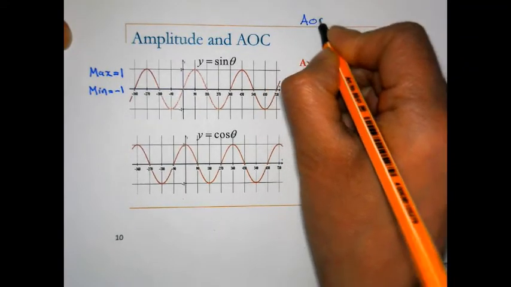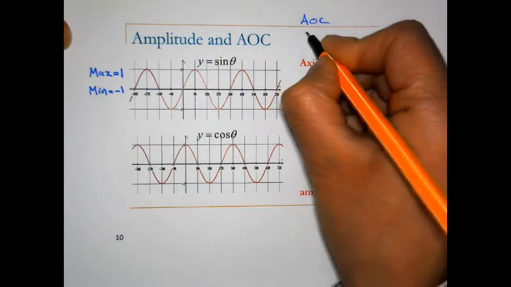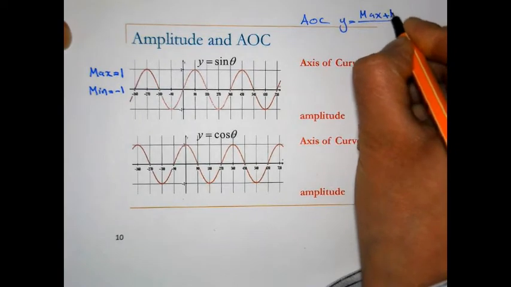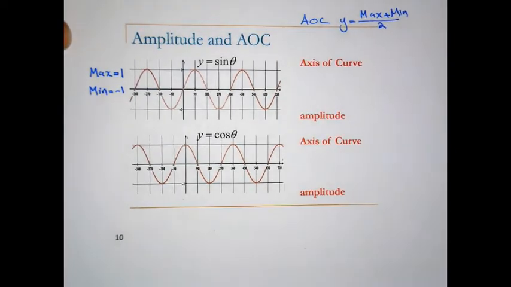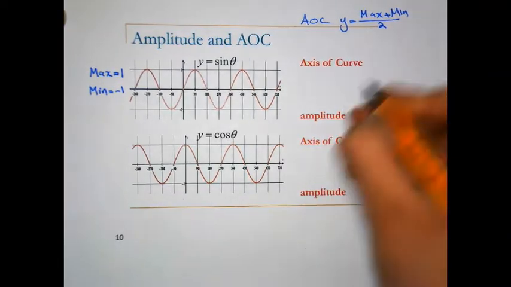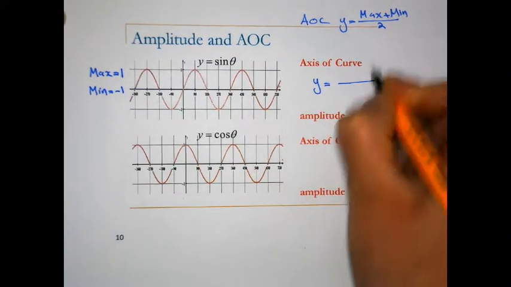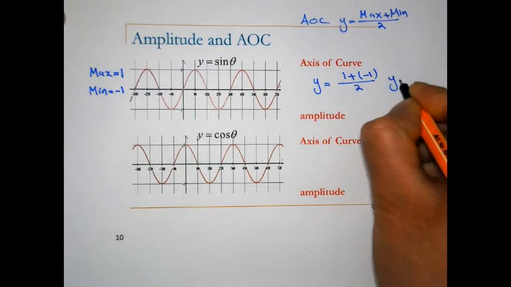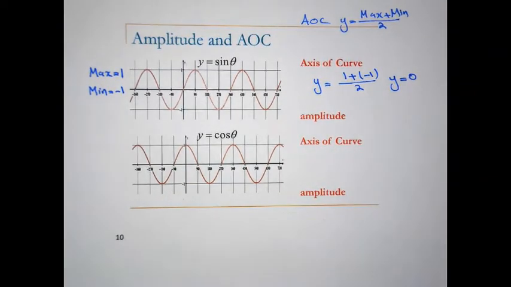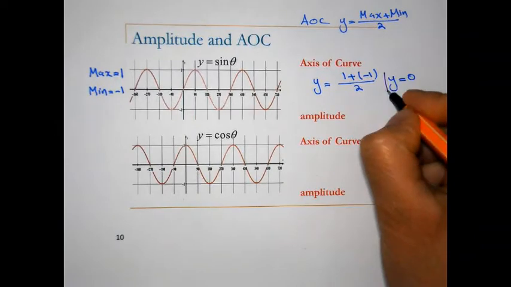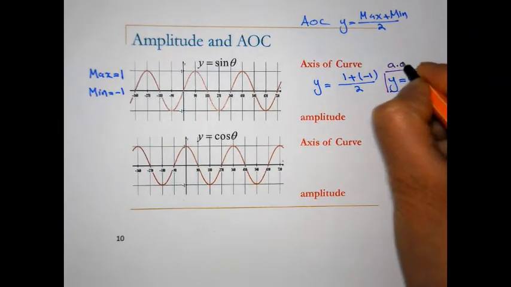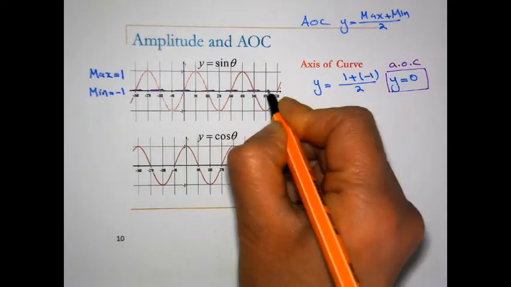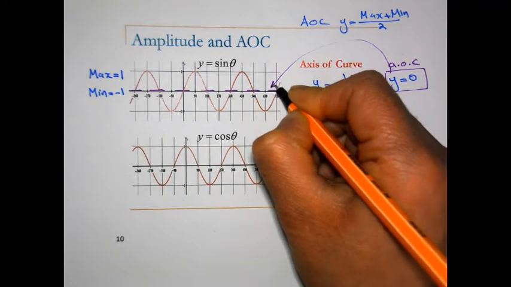Axis of curve, y equals max plus min divided by 2. So y equals the maximum 1 plus the minimum -1, divided by 2. So y equals 0, which is the same thing as the x-axis. So this is the axis of curve, which I'm going to draw here in a dotted line. So this is your axis of curve.